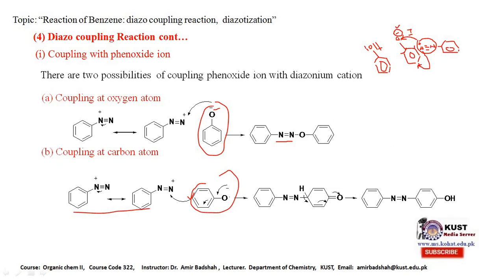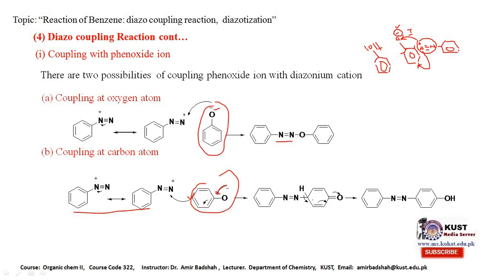How does it react at the para position? Here the electrons are shifted and form a double bond, and then these electrons are shifted here, again a double bond appears here, and then these electrons, where electron density is enhanced, will attack this diazo group. After the attack, this species will be formed. After the formation of this species, the aromatic character is lost.